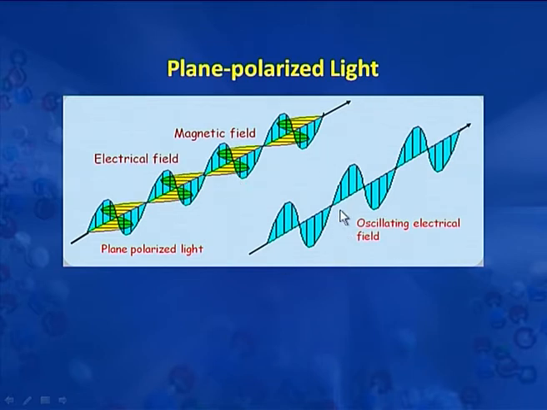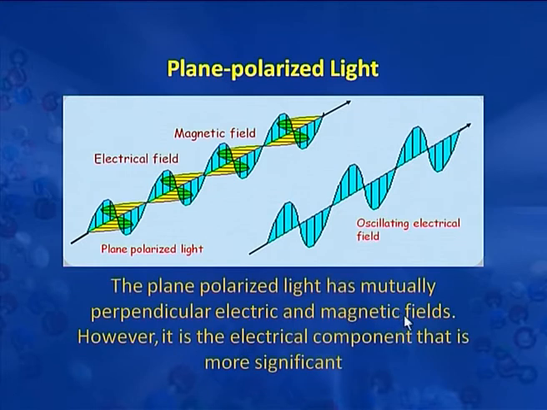This is a vertical plane shown in this. So, this light has got now two components, its electrical field and magnetic field. It is the electrical field that is more important, because these interact with the moving electrons in a molecule that causes rotation of this plane polarized light.